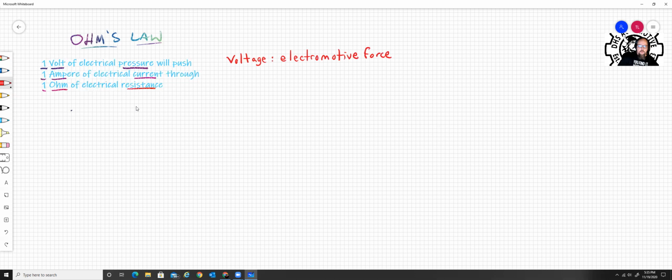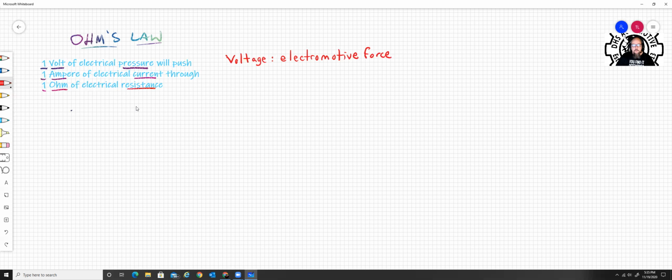This is the force that moves electrons. We make this happen by having more electrons on one side of a power source than the other, namely a battery. This is just to get you started for right now.